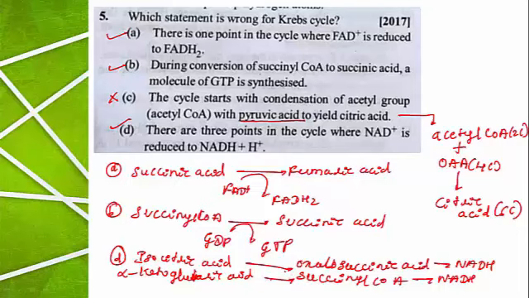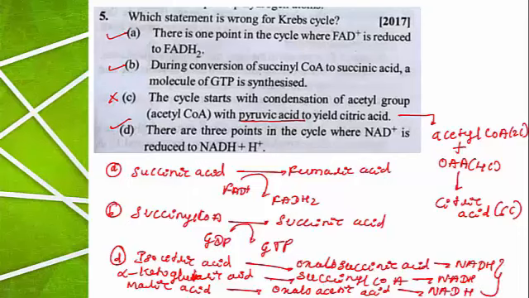Then one more molecule finally, when malic acid is converted into oxaloacetic acid, here also the synthesis of NADH occurs. So at 3 points NADH molecules are synthesized.